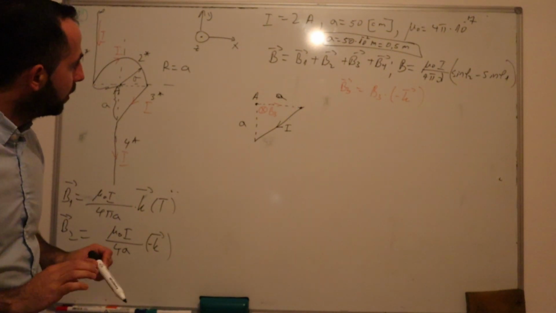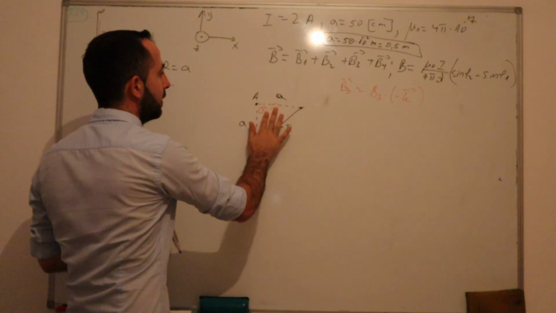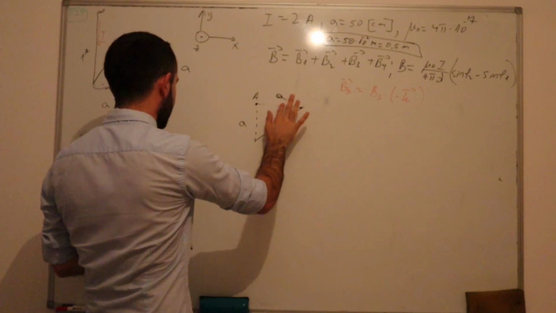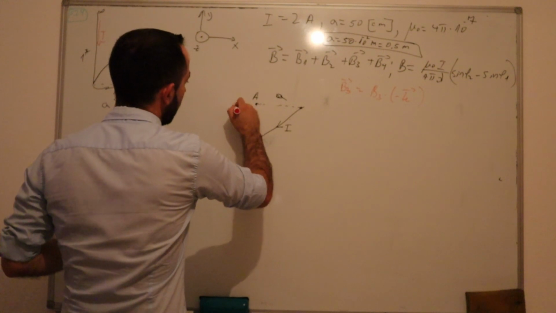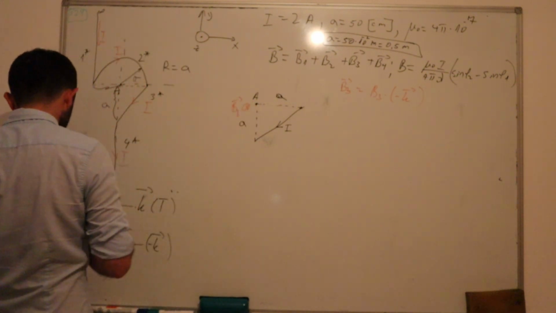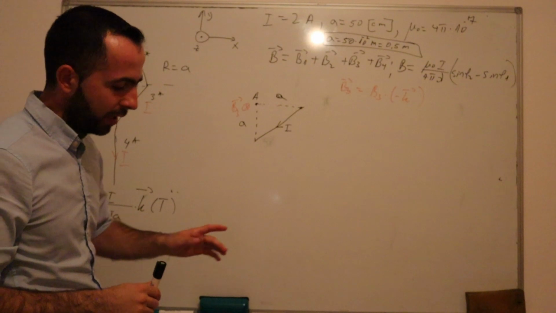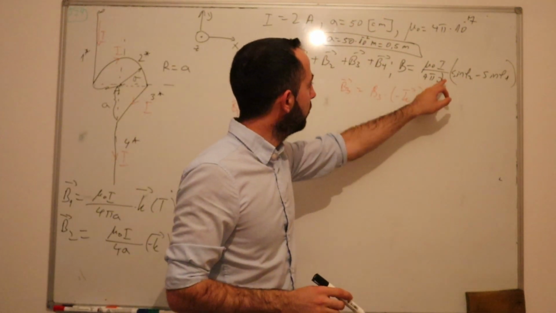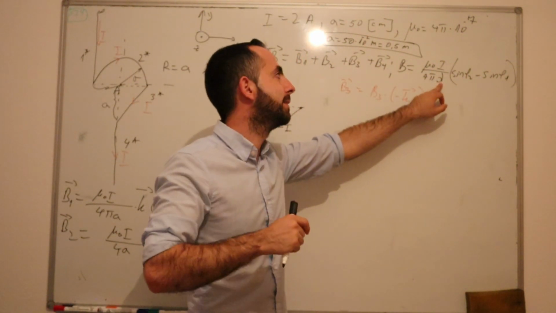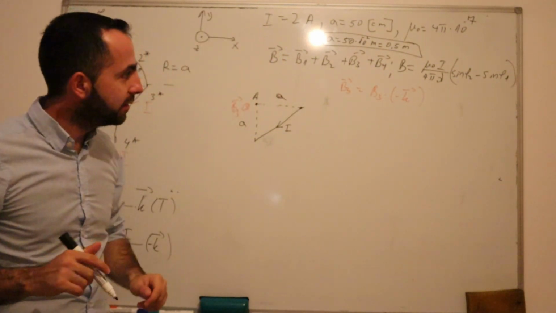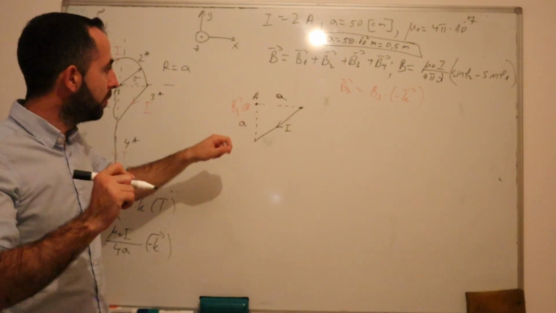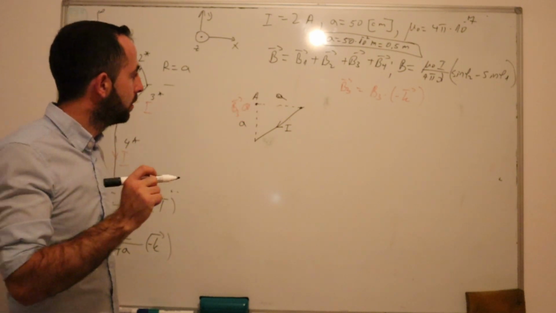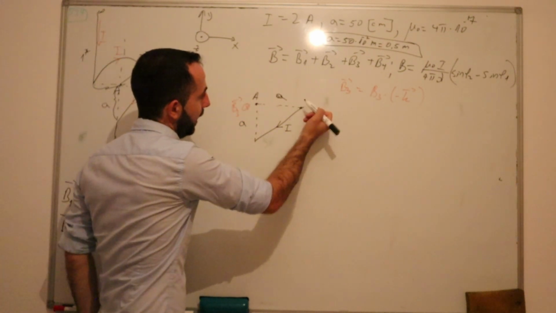Now we need to calculate it. Because I need to draw my angles, I'll just put it here. Okay. Now, in order to use Biot-Savart's law, we need firstly to draw this distance. This distance represents the distance of this point from a normal of this conductor.